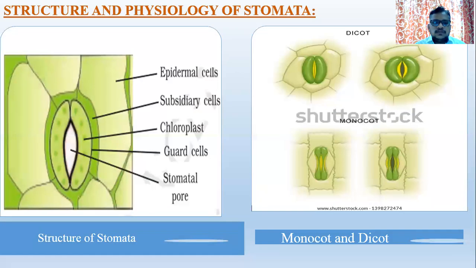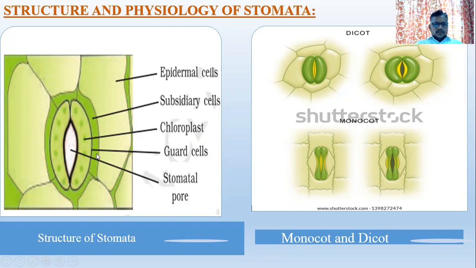Then the next important slide is the structure and physiology of stomata, in which we can see the structure of stomata. This is the innermost pore, called the stomatal pore. Here the green dots are chloroplasts, and these kidney bean shaped cells are the guard cells.